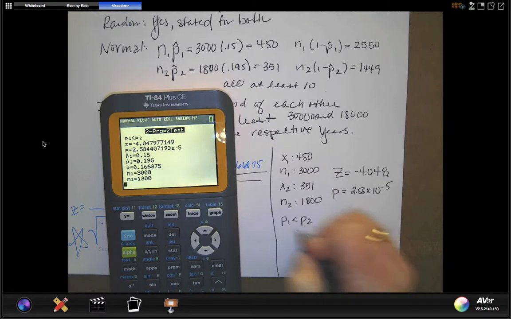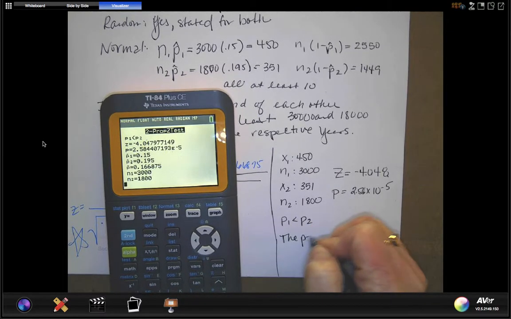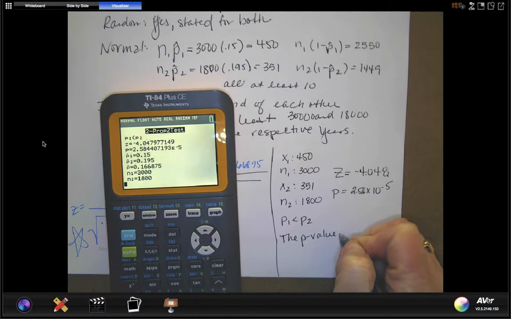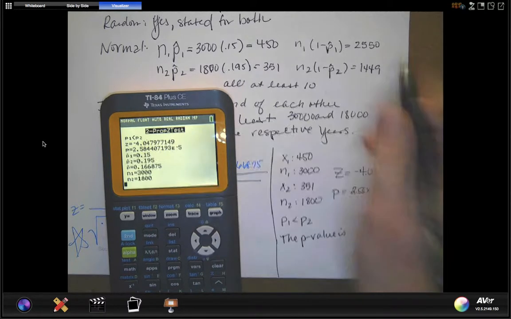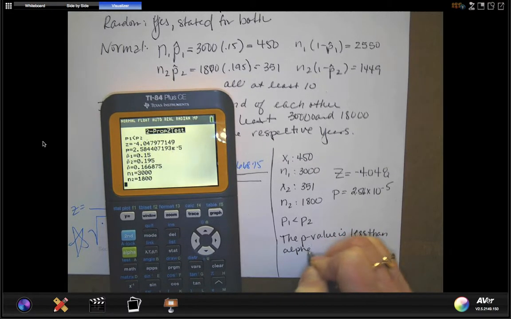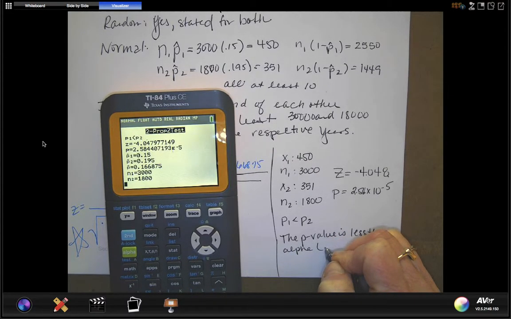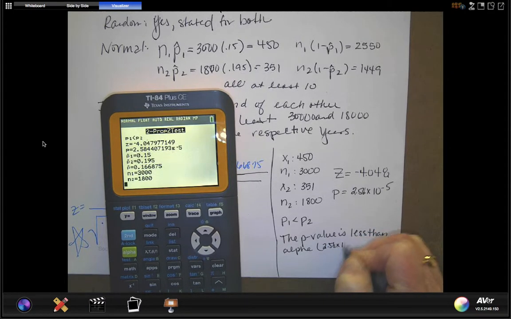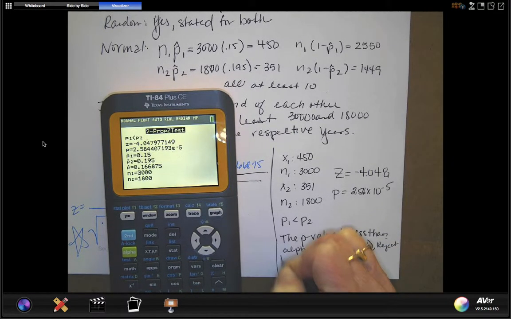So the p-value, I had a significance level of 0.01 in the beginning, was less than alpha. Again, you could compare it if you want. So 2.58 times 10 to the negative fifth is less than 0.01. So if it's less than alpha, I reject H0.